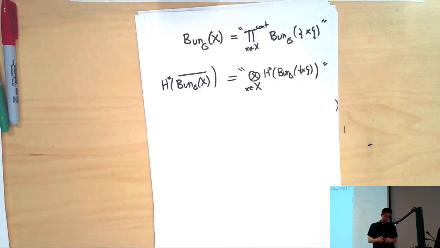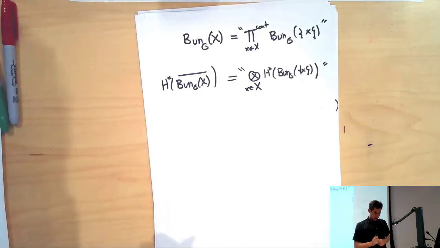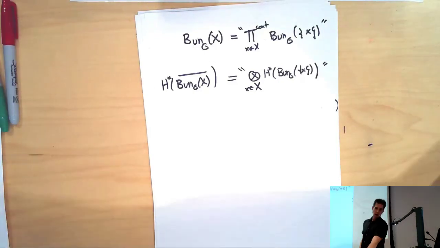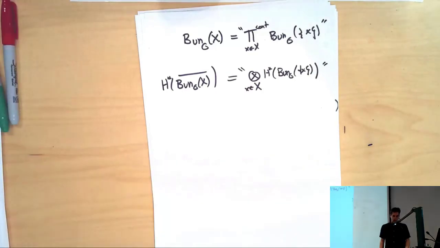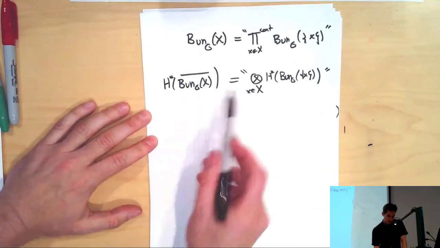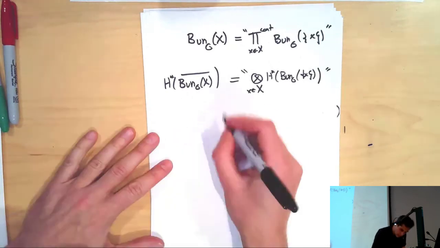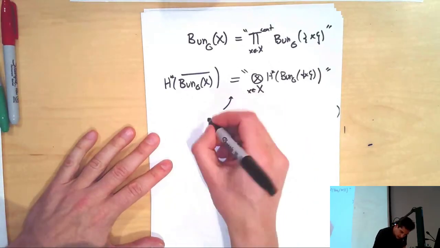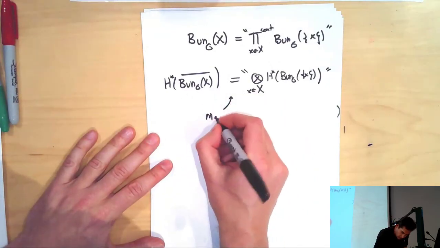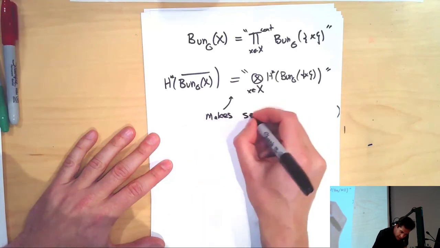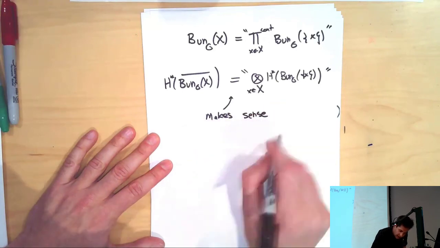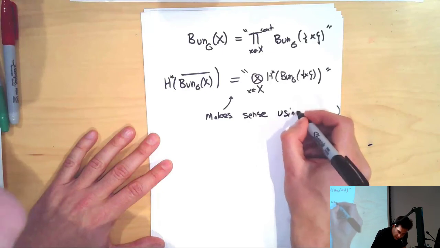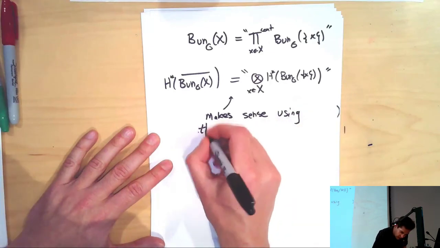And now the idea that Dennis and I implemented to prove this equality over here was that you can actually make sense of this. So this statement makes sense, well, maybe not quite as I wrote it, but you can make sense of it using some version of the theory of factorization homology.